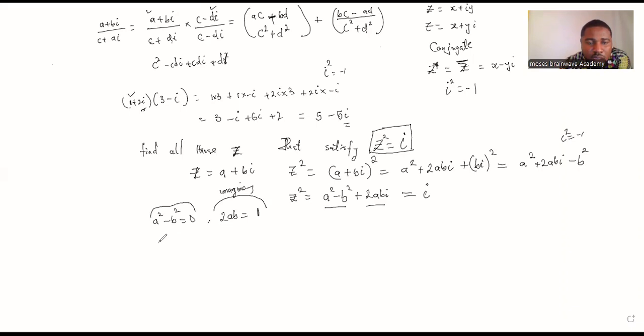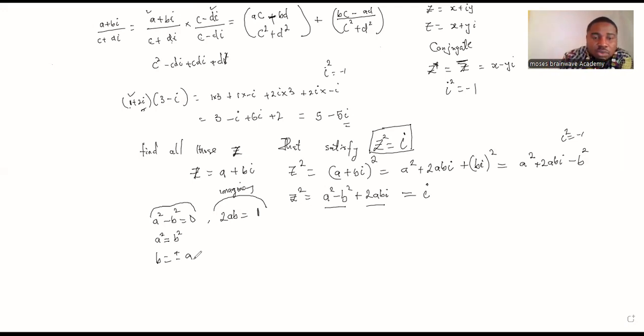So from here, we can have a squared equal to b squared. So we can have b to be equal to plus or minus a over here, right? So the next step we're going to be doing is to solve the imaginary part of this particular equation.